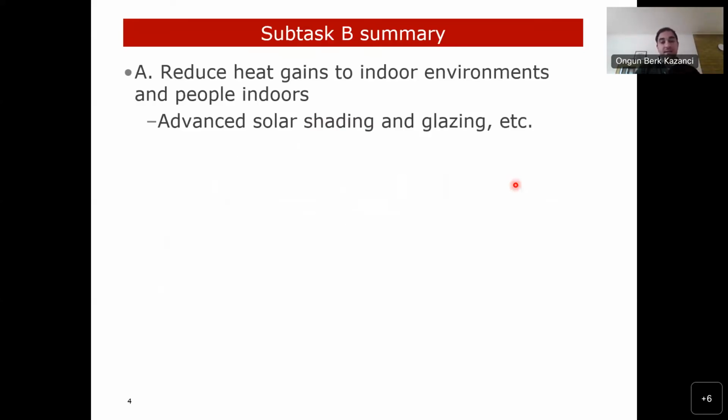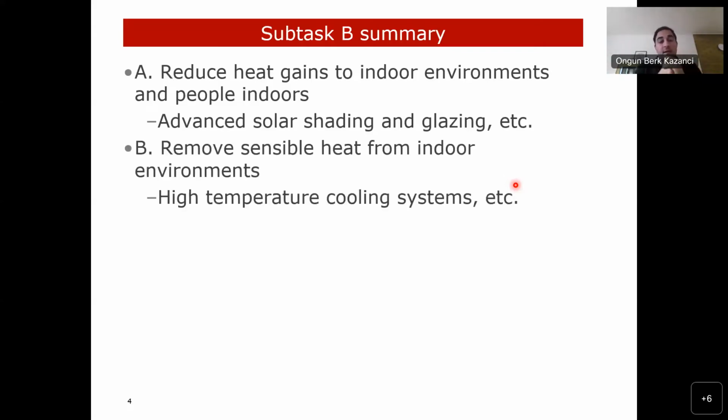So as it was mentioned earlier, in the annex, we divided these solutions into four main groups. The first one is technologies to reduce heat gains to indoor environments and to people. So for example, advanced solar shading or improved glazing can be a technology. Then the second group is to remove sensible heat from indoor environments, which could be, for example, high temperature cooling systems such as radiant cooling, which we will talk about.